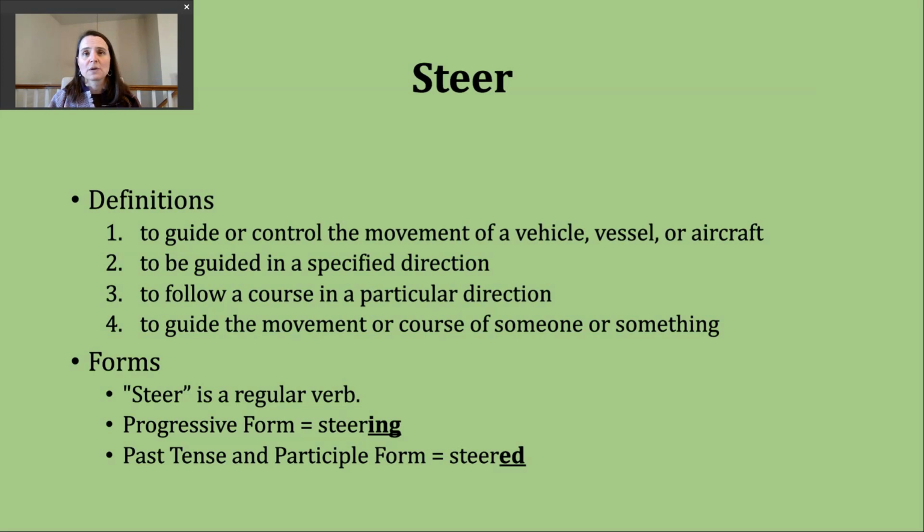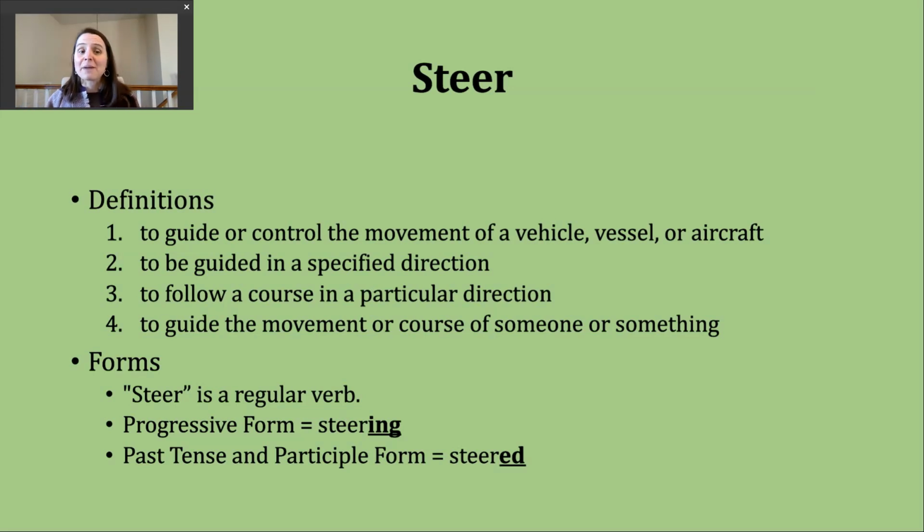in a particular direction. A second way you might hear steer used is to mean to be guided in a specified direction. So here we might be talking about having a particular person move into a particular space or area, right? And if you're guiding them, then you are steering them.